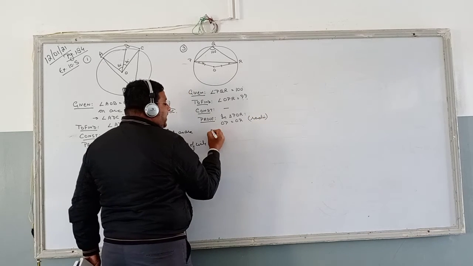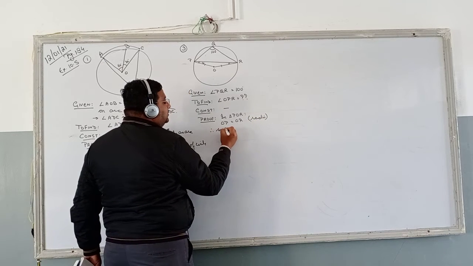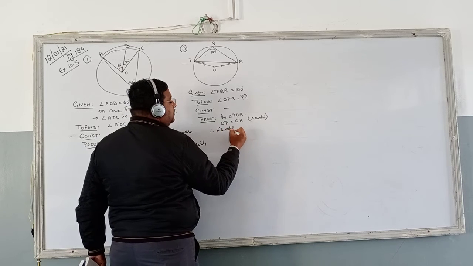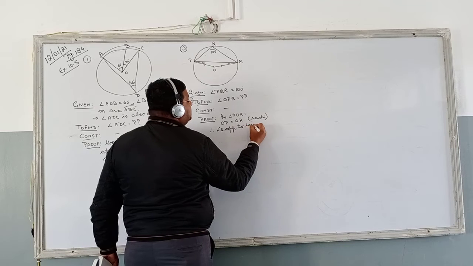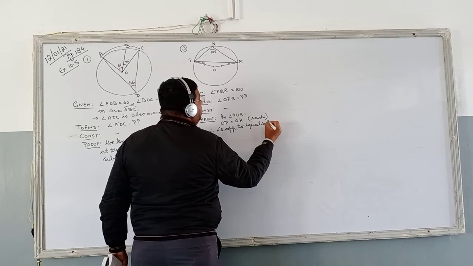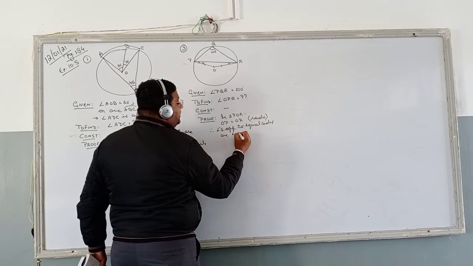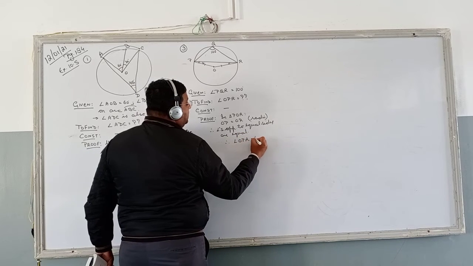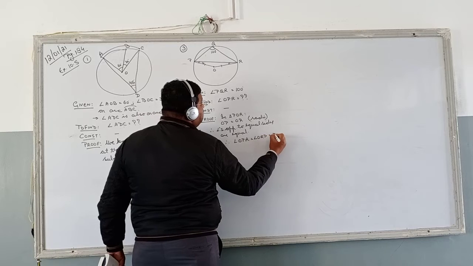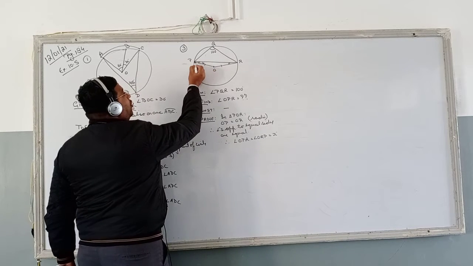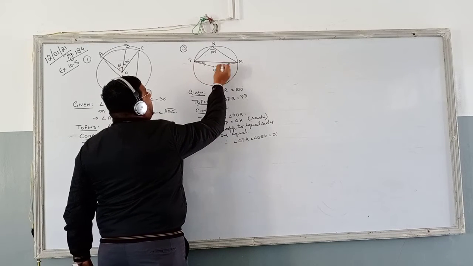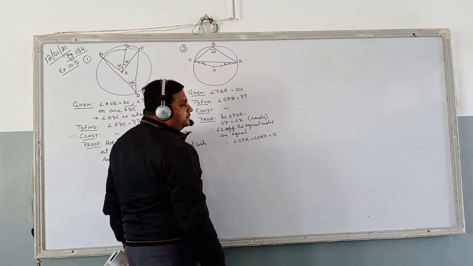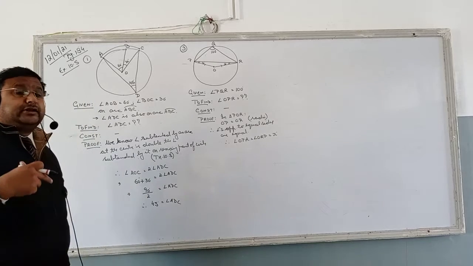So therefore, angles opposite to equal sides are equal. Therefore, angle OPR is equal to angle ORP, equal to X. Any confusion? This was our observation.